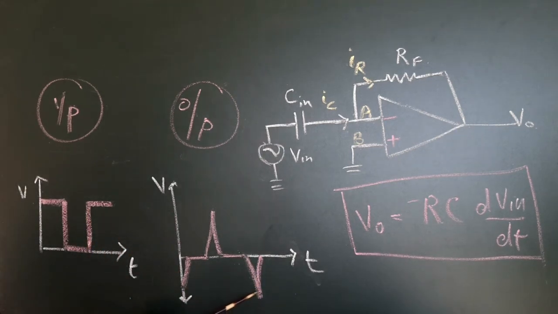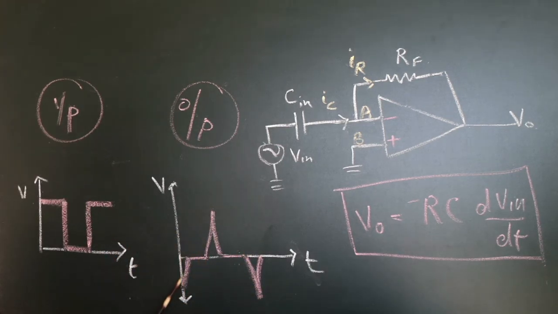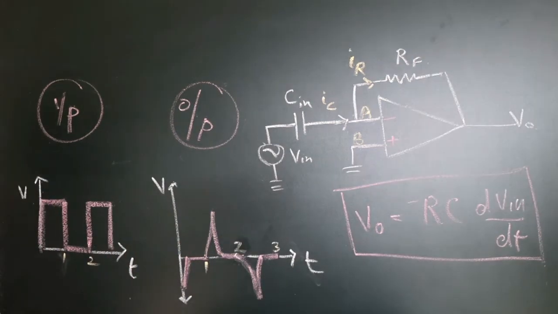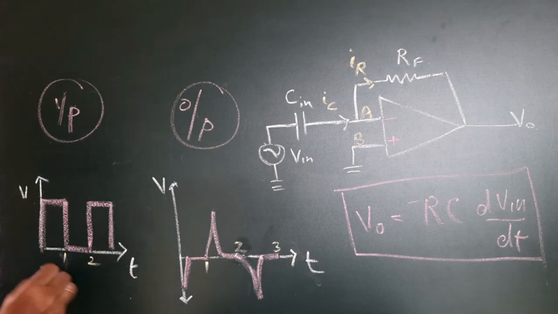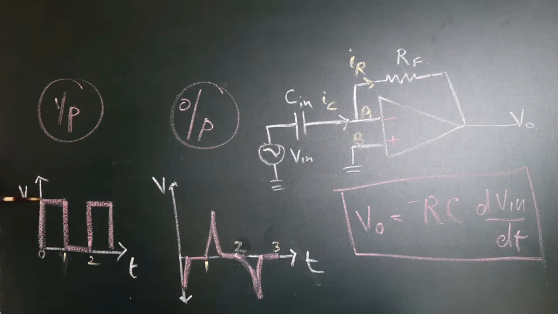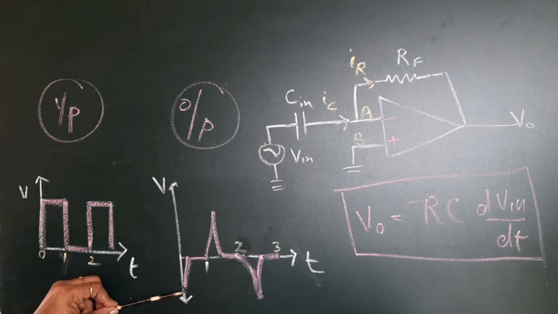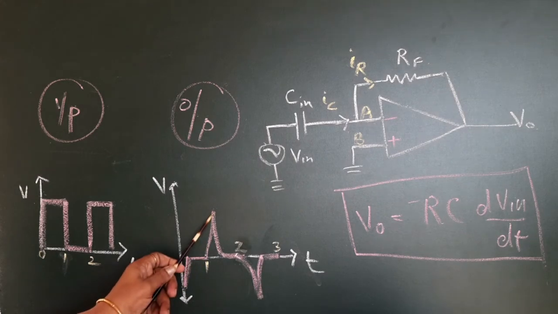Then it will again fall off suddenly to a constant voltage. So finally what you get is something like a spike at the output. The first part is an increase at time 0, from 0 voltage to a maximum constant voltage. Now at time 1 there is a sudden fall. It will appear as a positive spike.